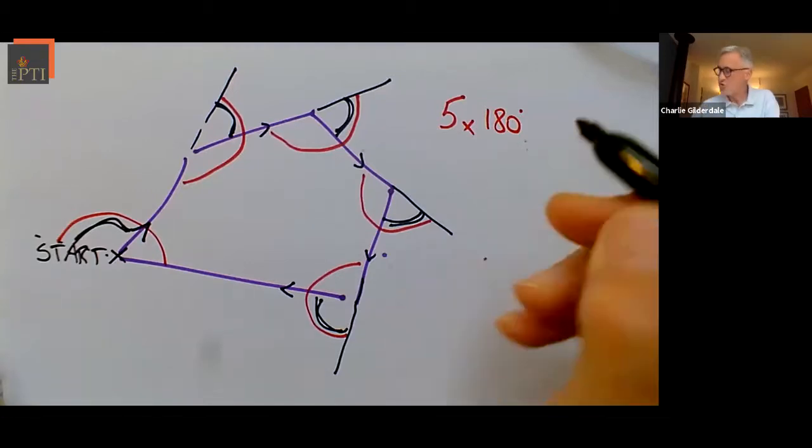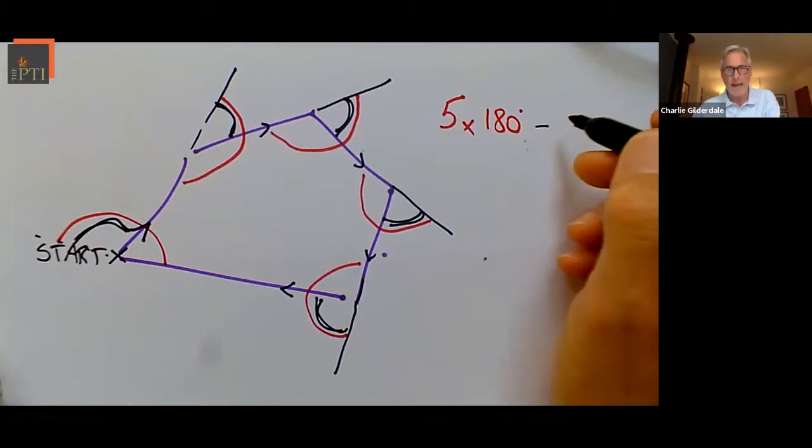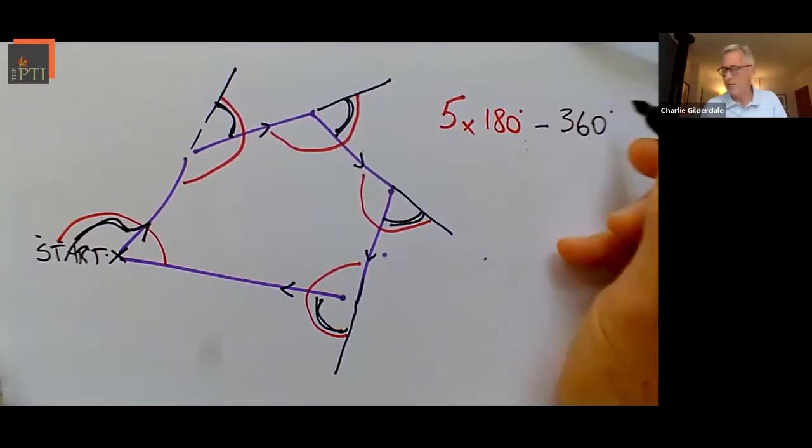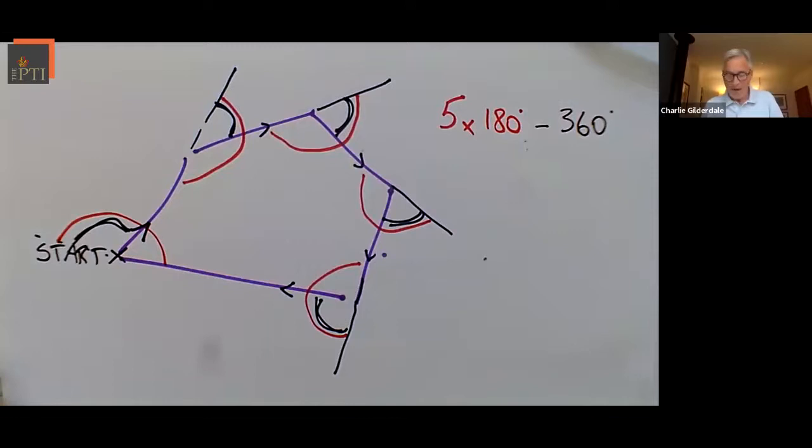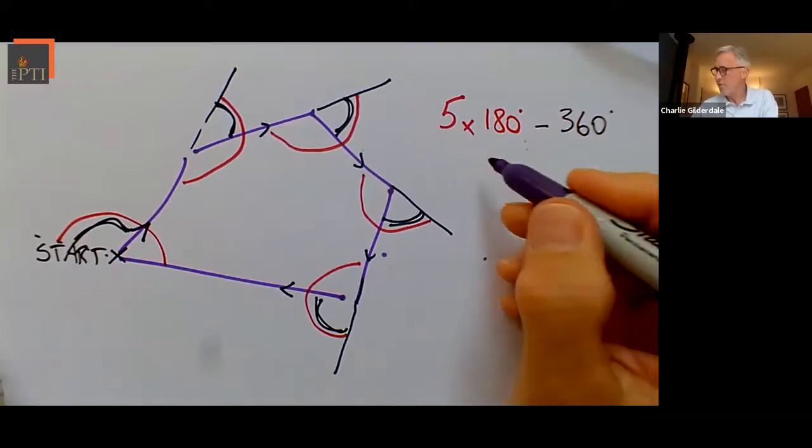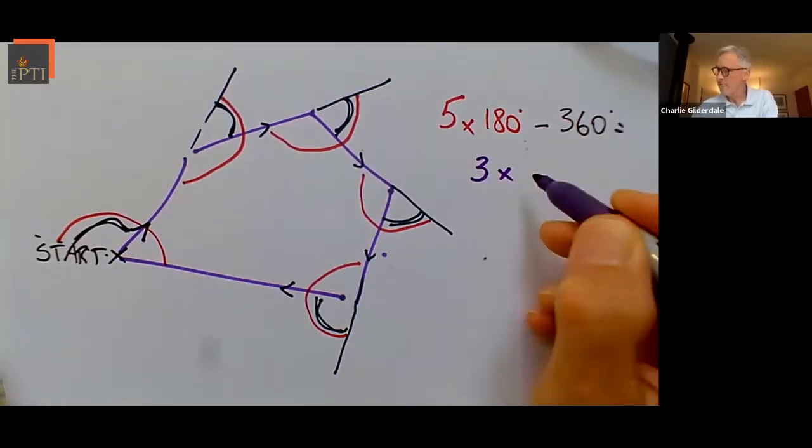So we're going to subtract all the black angles, which came to 360 degrees because the pencil went through a complete turn. And 5 lots of 180 degrees minus 360 degrees is the same as 3 lots of 180 degrees.